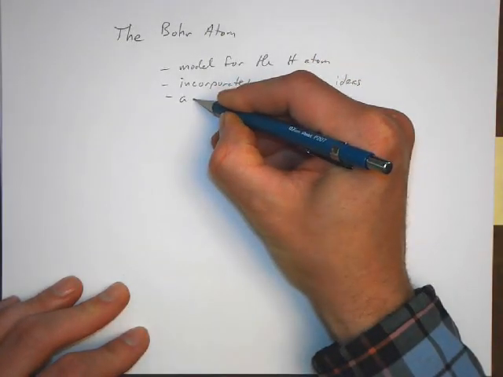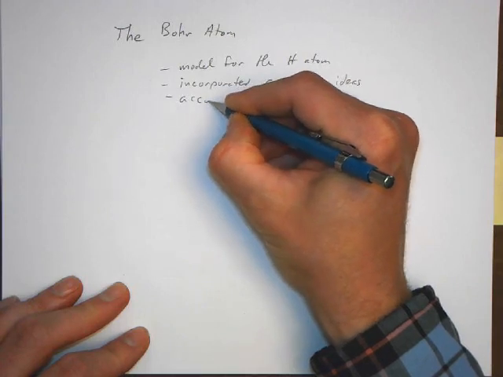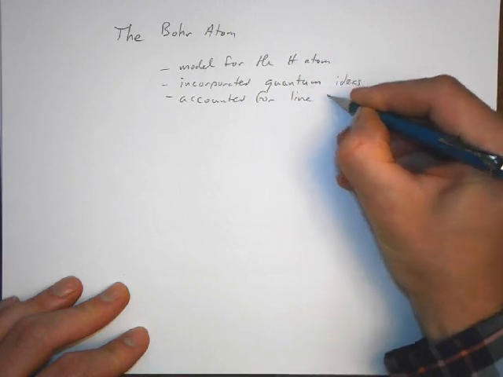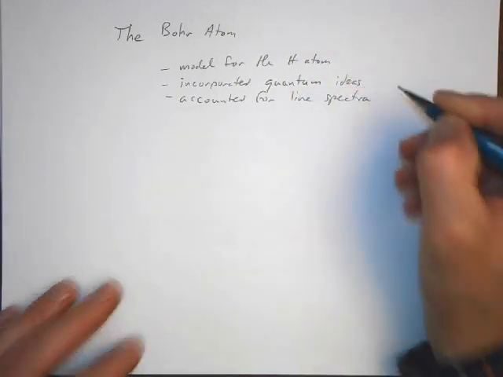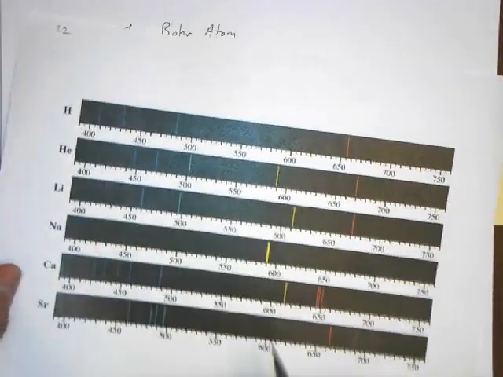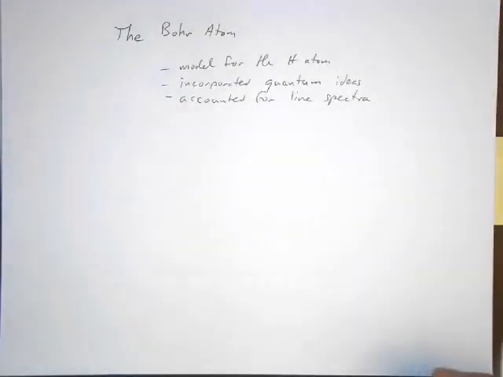And the Bohr atom, wonderfully enough, accounted for these line spectra that you see. The Bohr model accounted for the line spectra that we get when we put gases into a vacuum tube and pass a current through it.